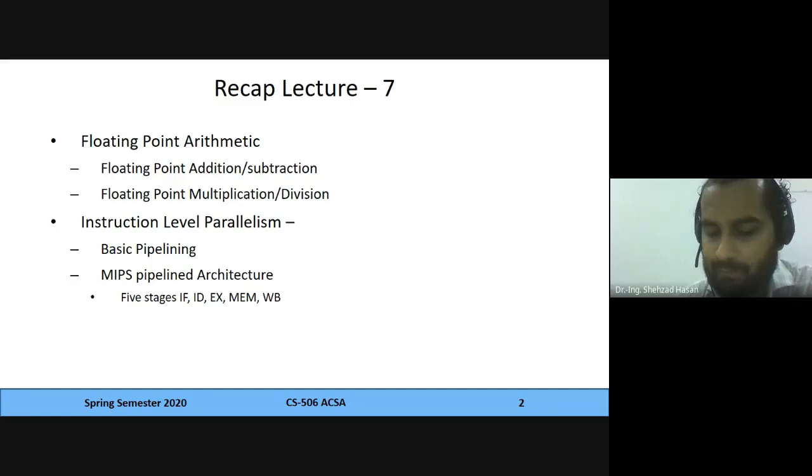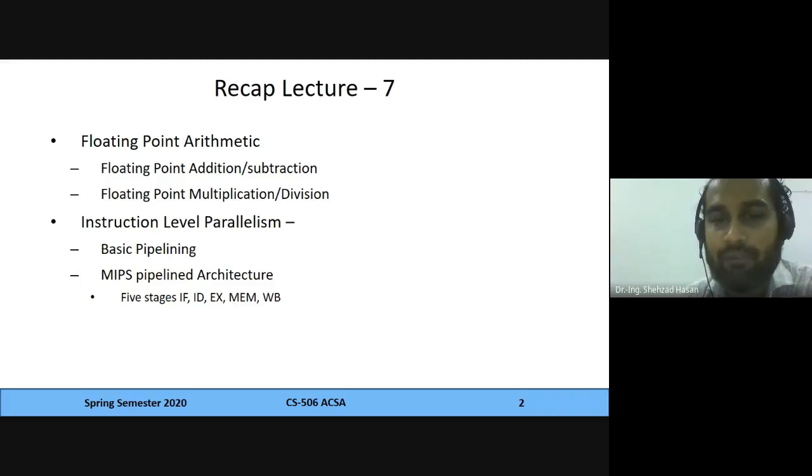So normally what happens is that after decoding, we get to know which registers, how many registers to read, 2 or 1. But if you're doing both of these tasks in a single stage, what happens is that you have to make this stage common for all the instructions. So if you're going to make that stage common for all the instructions, this means you are going to read 2 registers for all the instructions, irrespective of whether they need just 1 register to be read.